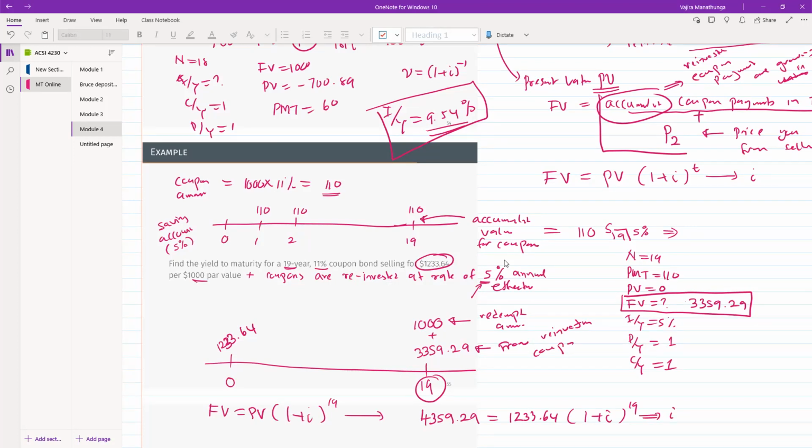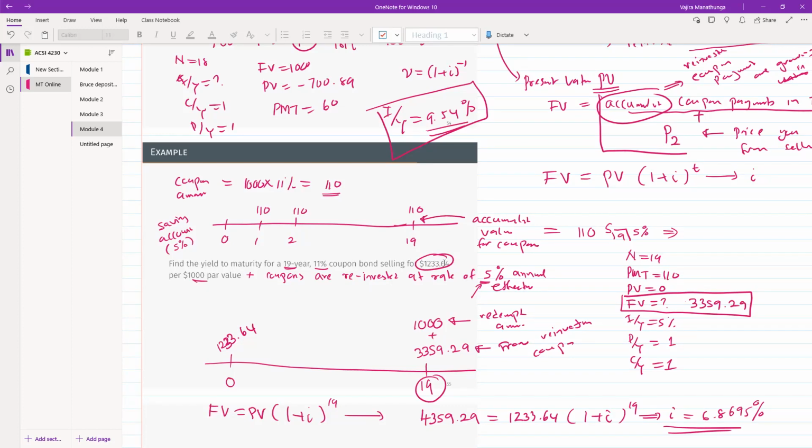So let's solve it and see what we get. I'm getting 6.8695% as the rate. So that is the yield rate for this investment.